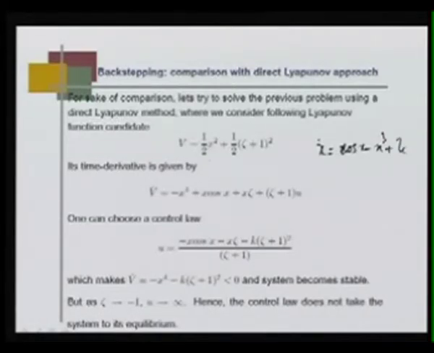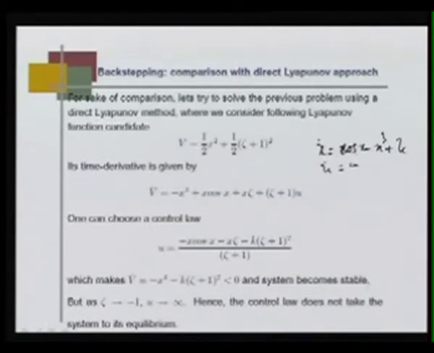So x x dot becomes this quantity, and this quantity is xi plus 1 into xi dot, and you know that xi dot is u. If I select u to be this quantity, then V dot is minus x to the 4 minus k times xi plus 1 whole square, and this is less than 0 and the system becomes stable.